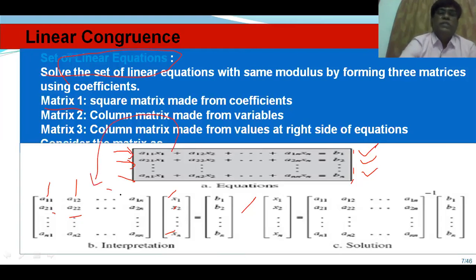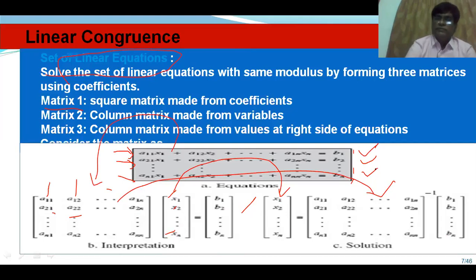By using these 3 matrices, you can find these x1, x2 up to xn values. This is written as x equals A inverse into b1, b2, bn. So x1, x2 up to xn can be calculated by using this formula.